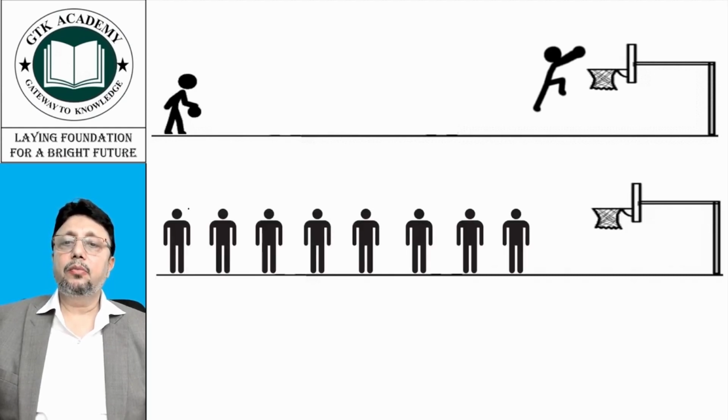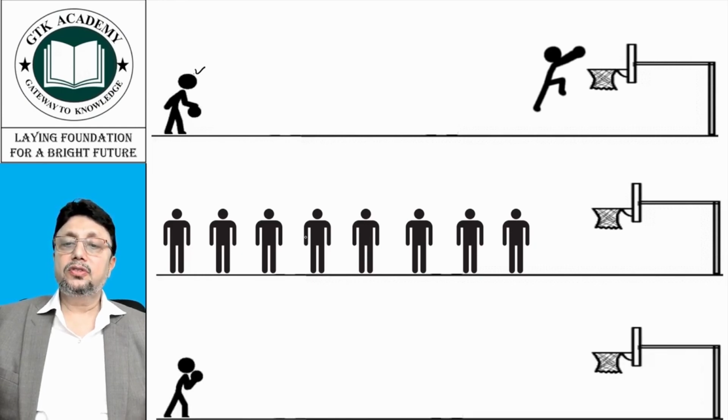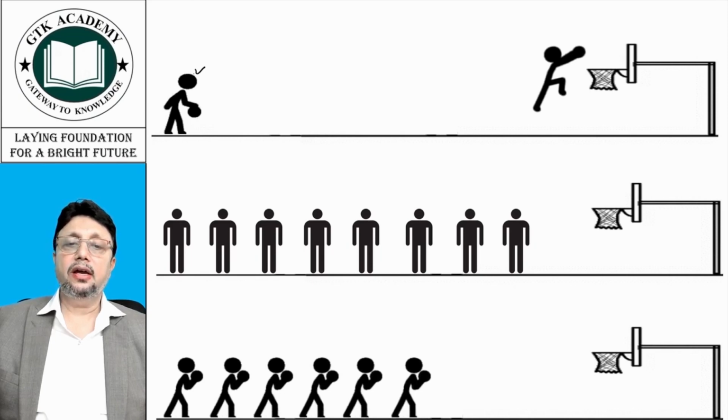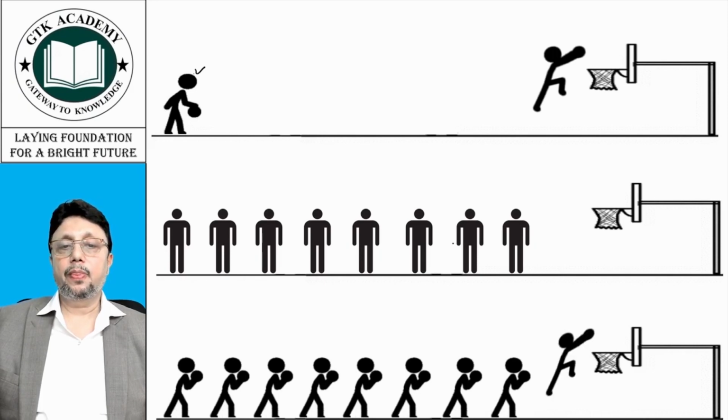Now, for example, if there are many persons standing just side by side, and instead of one person carrying the ball and putting in the post, one person gives to another person, he gives to next, and so on till the last person goes and puts it in the post.